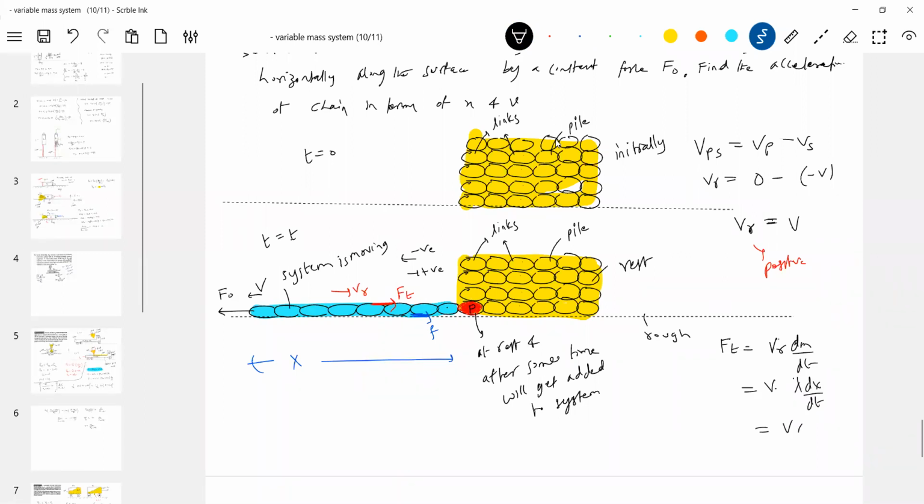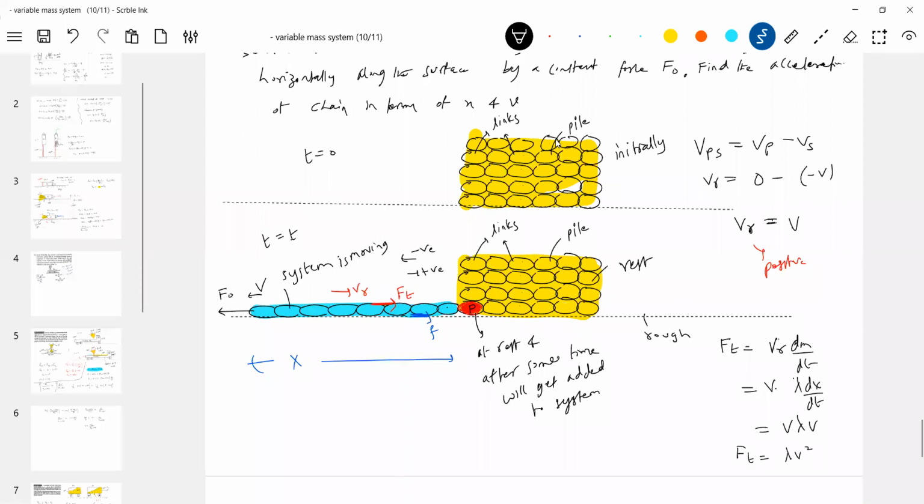So this will be lambda v square. Look at this thrust force. It's the same method as in the previous problem, lambda v square.